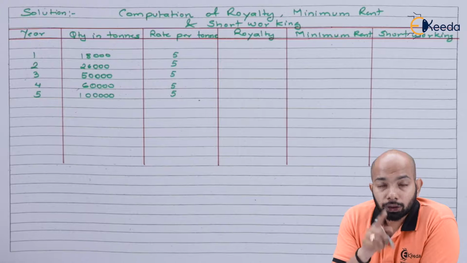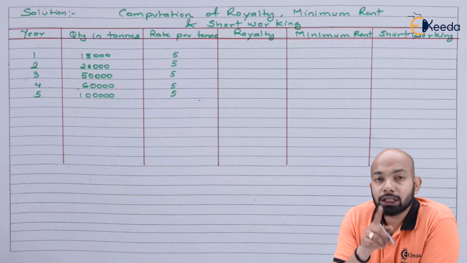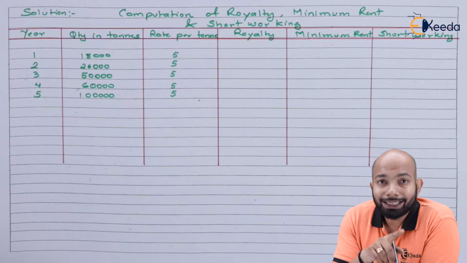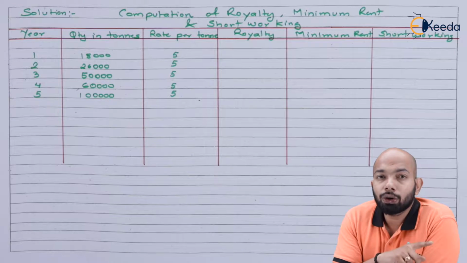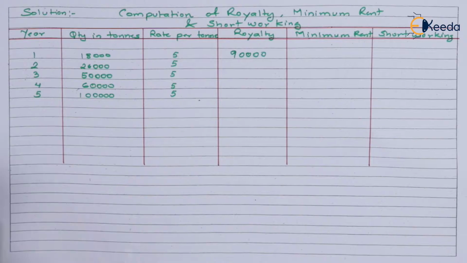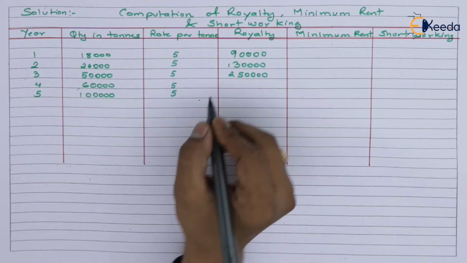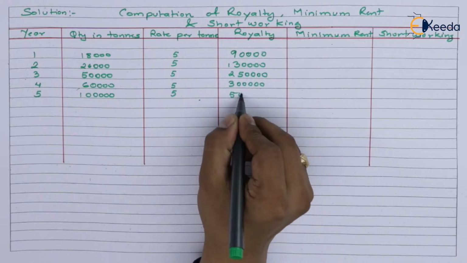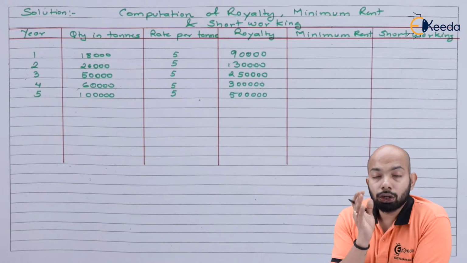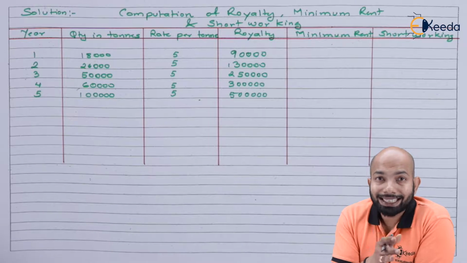That means for the first year, if 18,000 tons production was done and royalty is 5 per ton, then 18,000 into 5 will give you the royalty on that many tons.